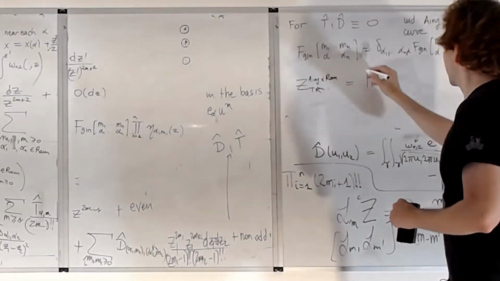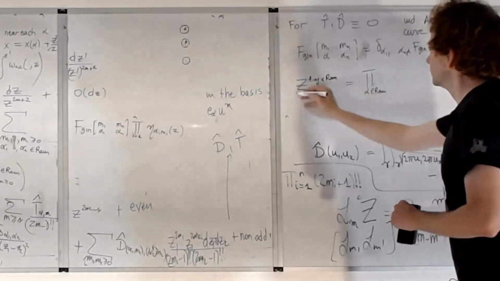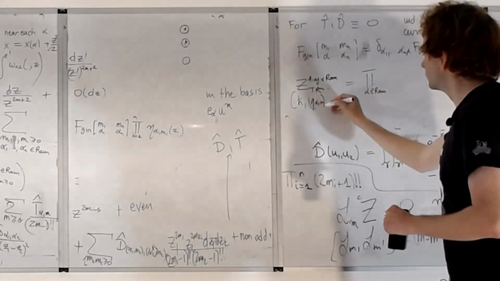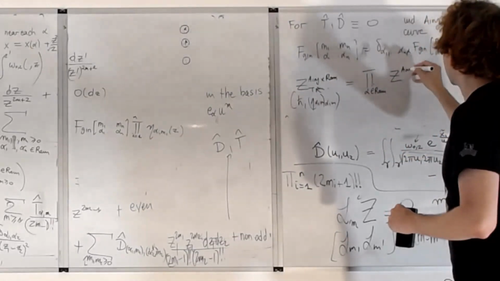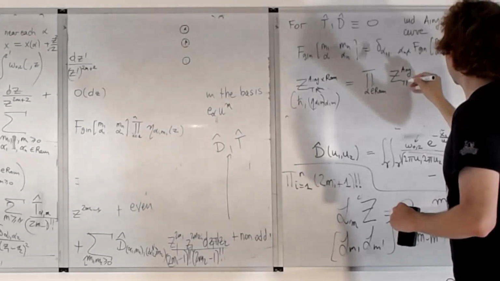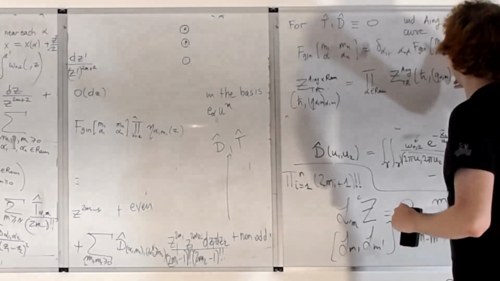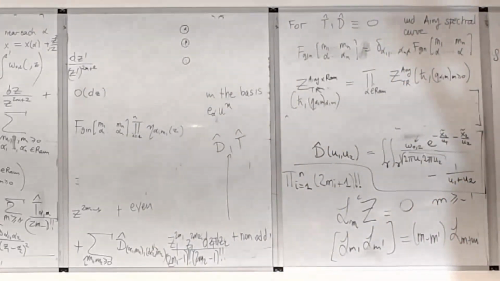This is just the product over the alpha, so that depends on h bar and q alpha m. And this is a product of the Airy TR for just the q alpha m, for each m.